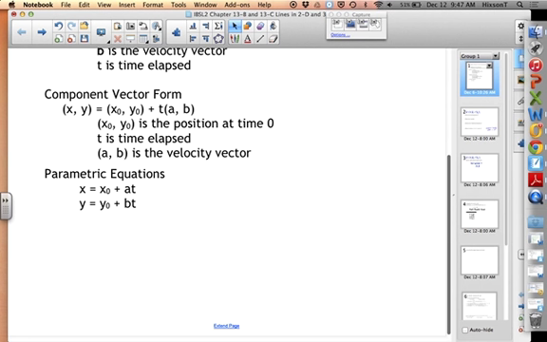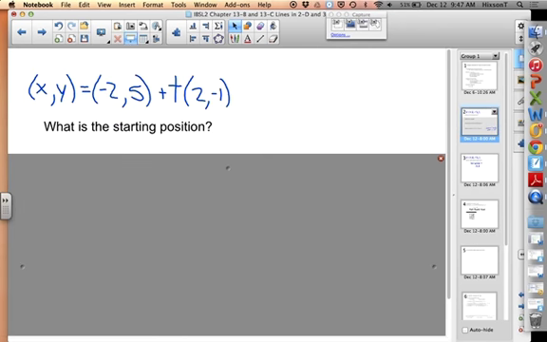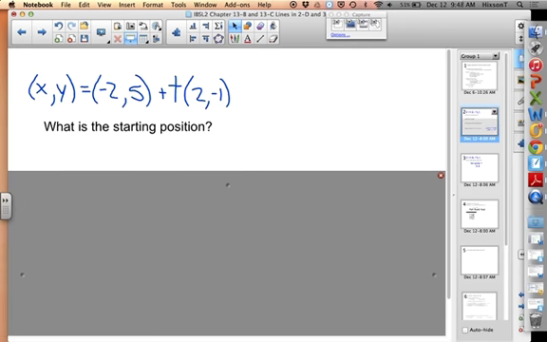All right, let's consider an example. We have this vector equation for a line: xy equals -2, 5 plus t times 2, -1. One of the important things is to make sure that we identify the different parts of this equation properly.